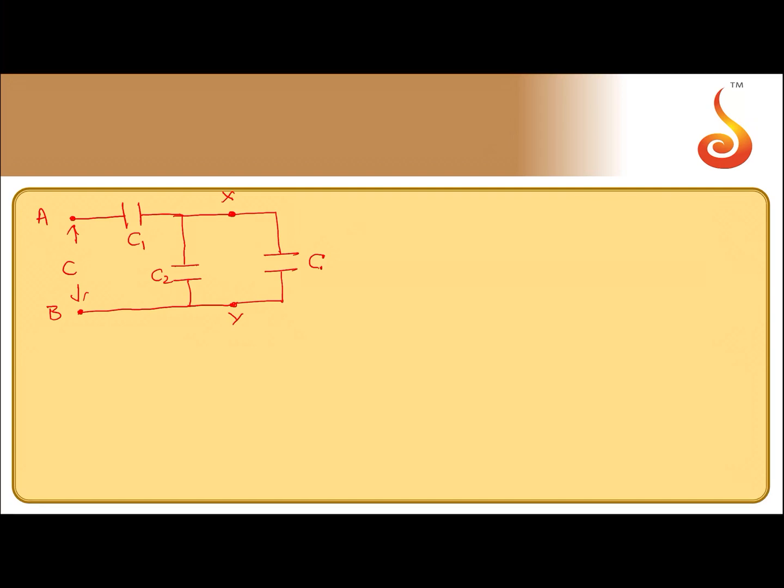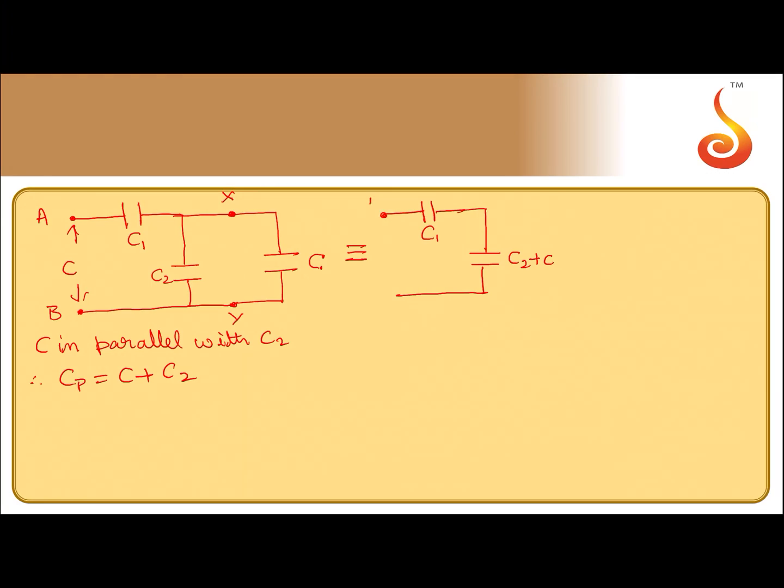Now, this C is in parallel with C2. Therefore, effective capacitance Cp will be equal to C plus C2. So, I can rewrite this network as: this is C1, this one is C2 plus C, this is AB.